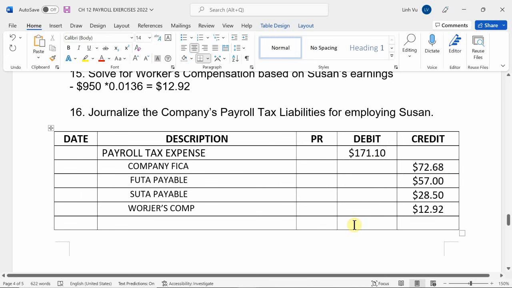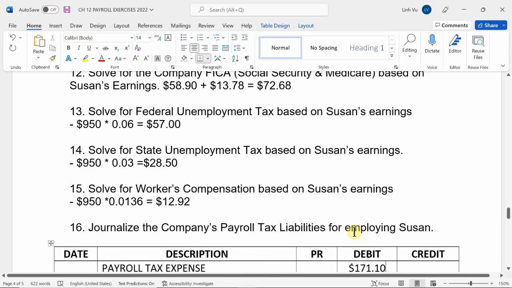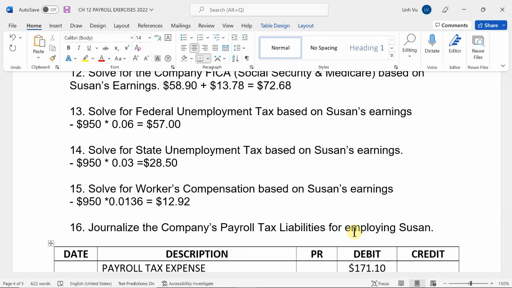How do you calculate FUTA and SUTA, or are those on a table? No, they're not on the table. I already told you that for this class, I'm designating the number for you.